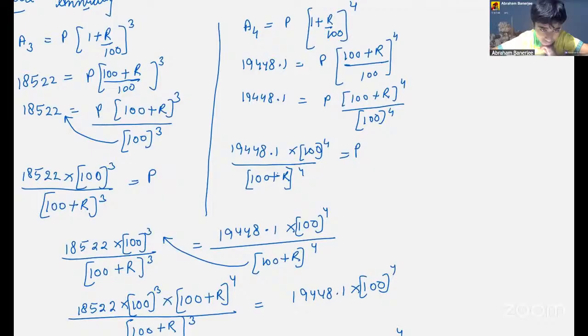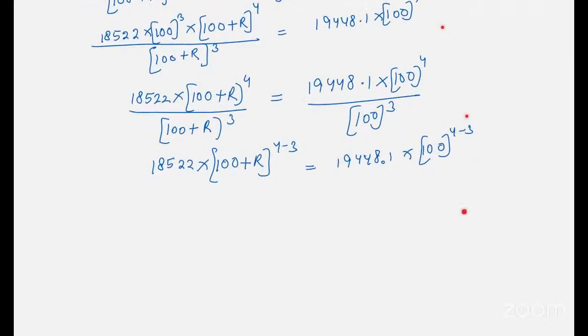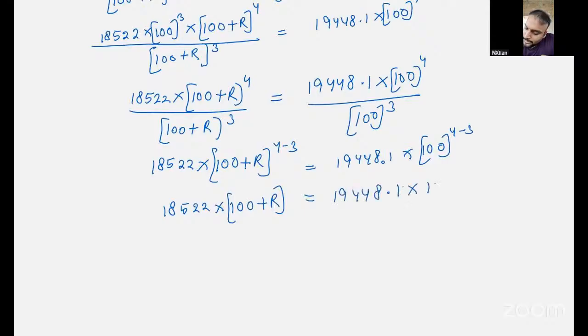Yes, sir. Okay. Virakin, do you have doubts? No, sir. Abraham, understood? Okay. So we have now 18522 into (100 plus r) to the power of 1, and it will become 19448.1 into 100 to the power of 1.